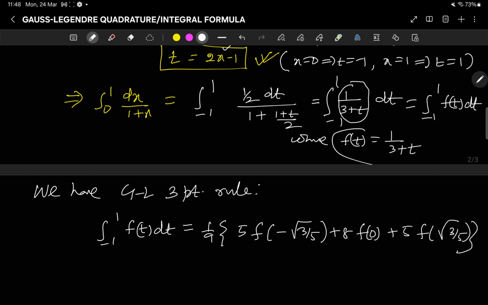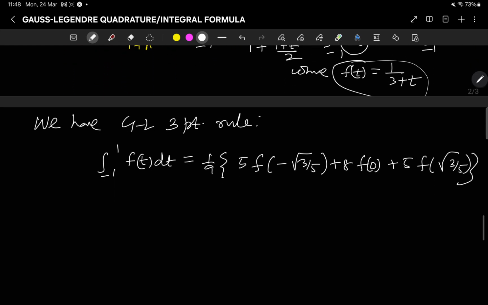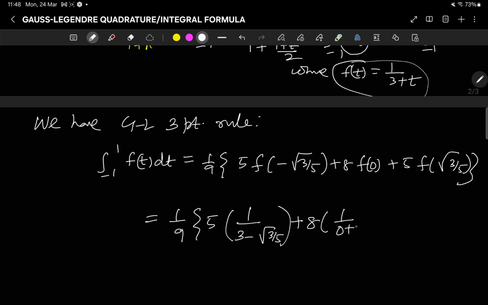Okay, now this is your f(t) and we just simplify it. So this is equal to 1 by 9 of 5 into 1 by (3 minus root over 3 by 5) plus 8 into 1 by (0 plus 3) plus 5 into 1 by (3 plus root over 3 by 5).